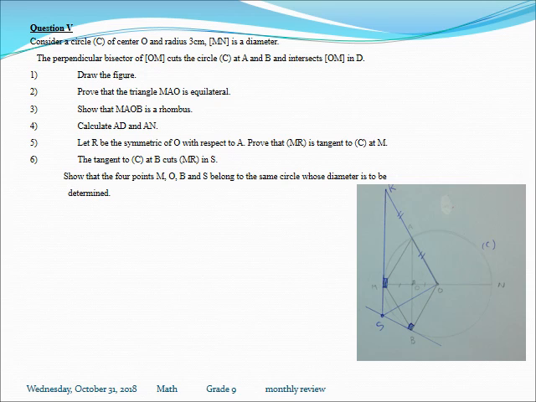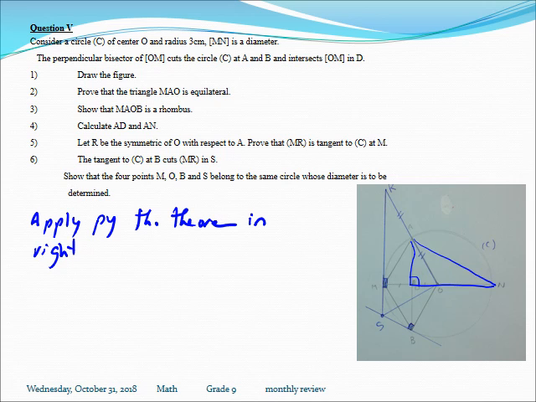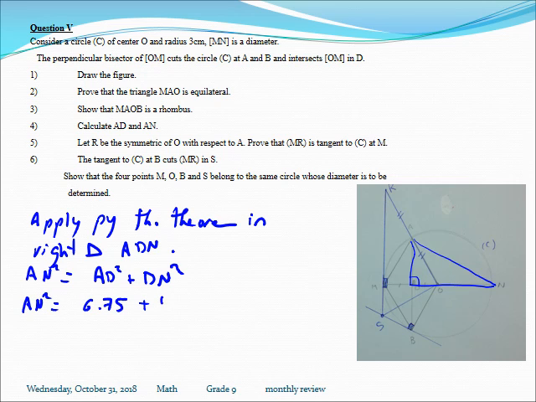Now find AN. To find AN, use the Pythagoras theorem in triangle ADN, right at D. Applying the Pythagoras theorem in right triangle ADN, the hypotenuse gives AN squared equals AD squared plus DN squared, which is 6.75 plus 4.5 squared, equals 27.